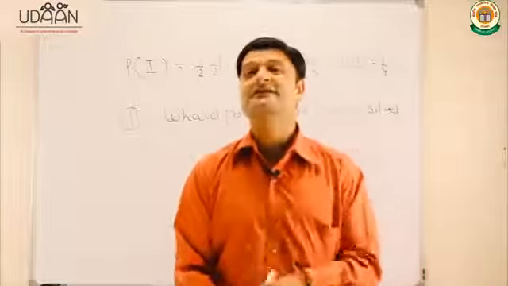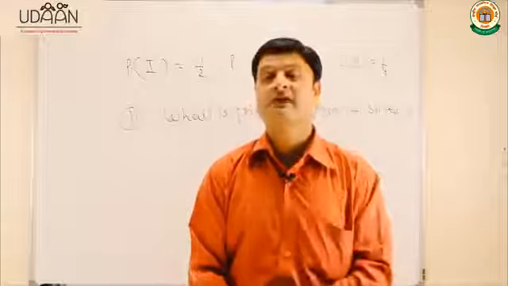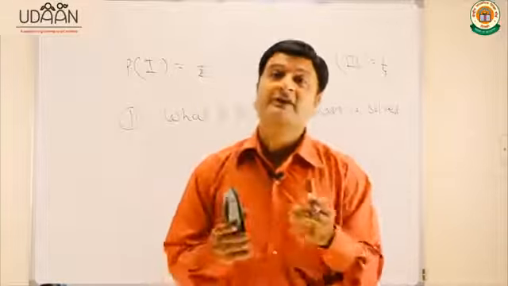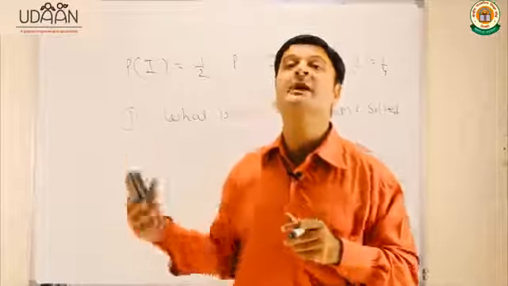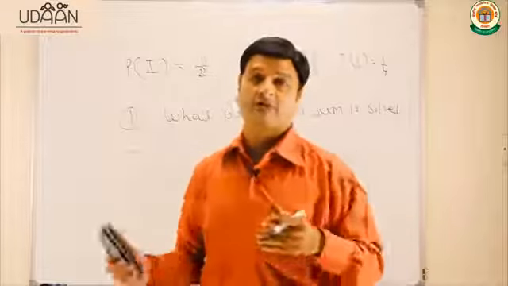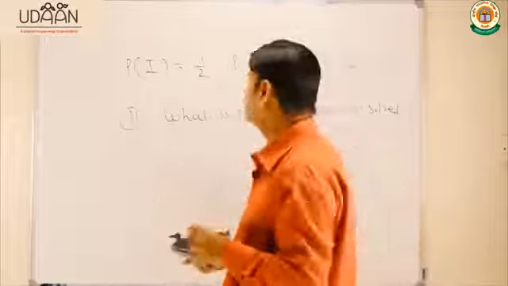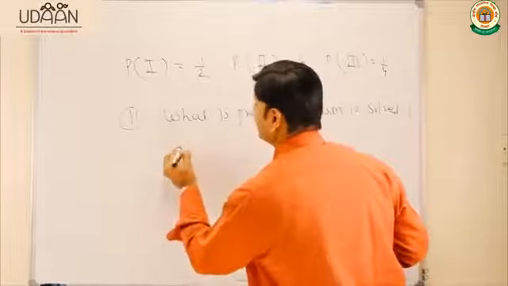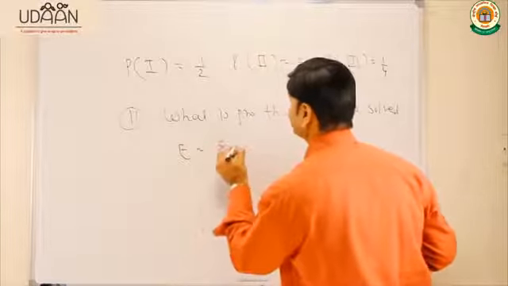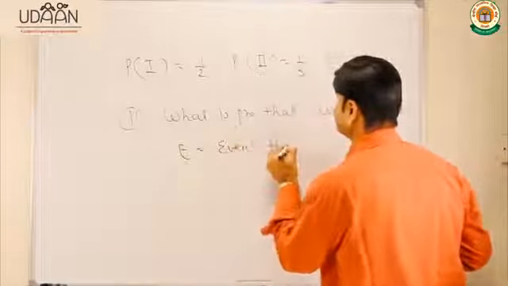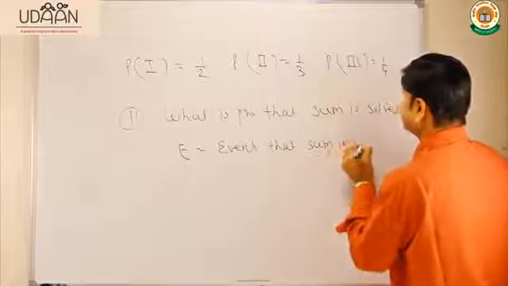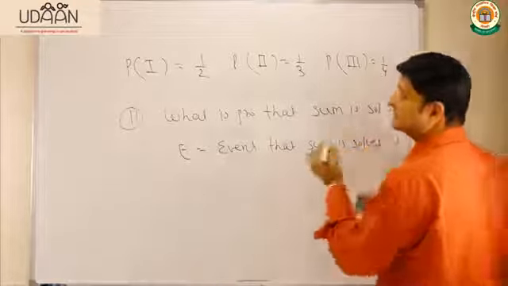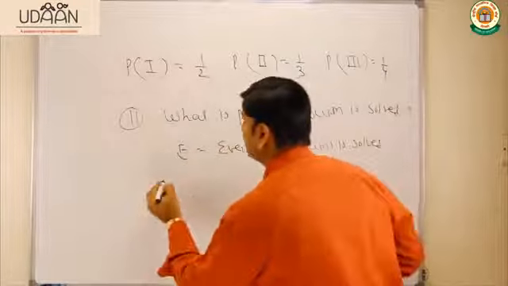In such cases, try to recollect your 11th standard maths. When our cases are many, we go for the concept of the complement of an event. Let E be the event that the sum is solved. For calculating this, I have many cases, so obviously I am going for the complement.